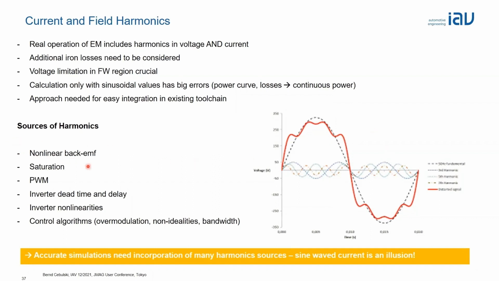Saturation is one of them, but one of the biggest influences is the inverter itself and the control system, of course. We are feeding the machine with PWM. There are some non-idealities on the inverter, like the dead time and delay, and the control algorithm itself might introduce some harmonics here.